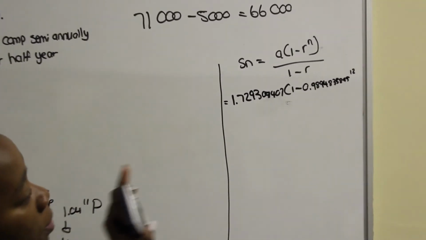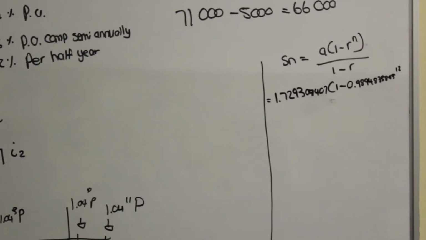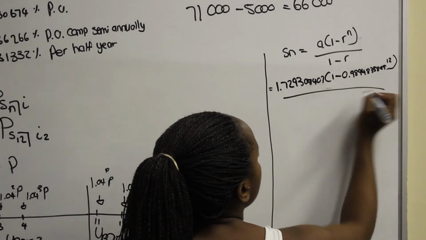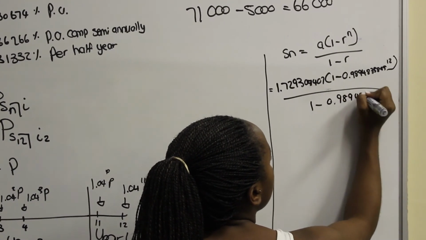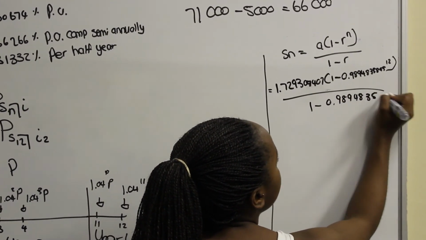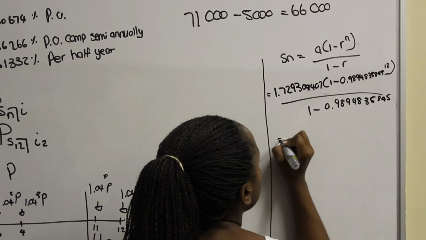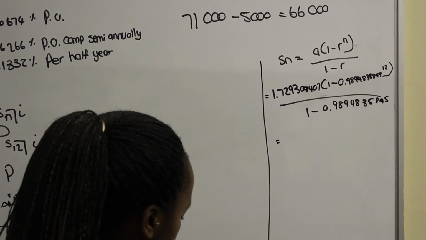Our n has to be the number of terms here, which is the number of payments, not the number of years. So it's going to be 12 there. And then 1 minus 0.9894835845. And in total, our Sn is going to be 1.79.